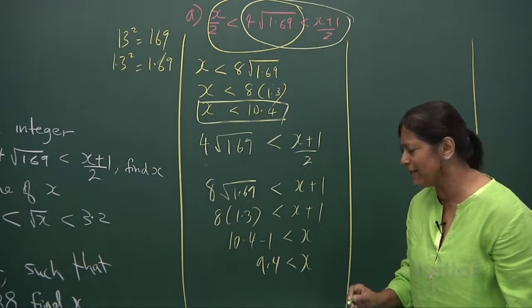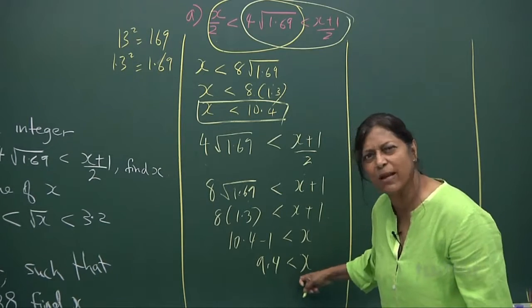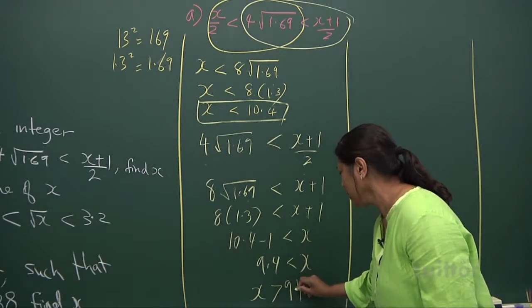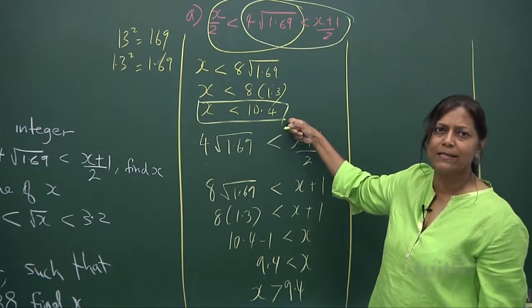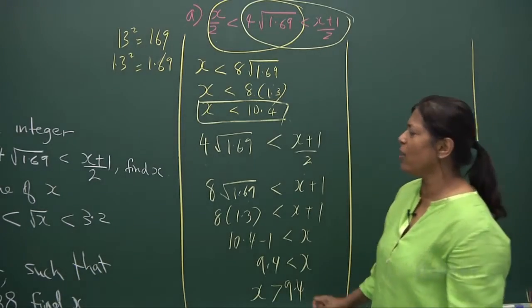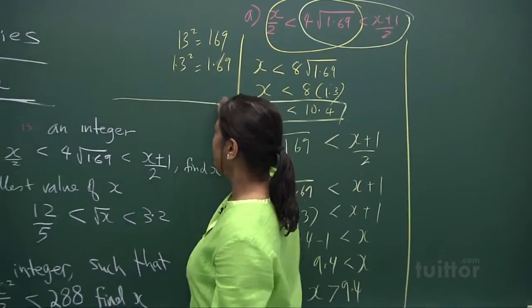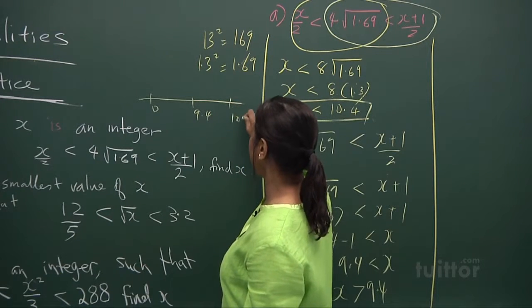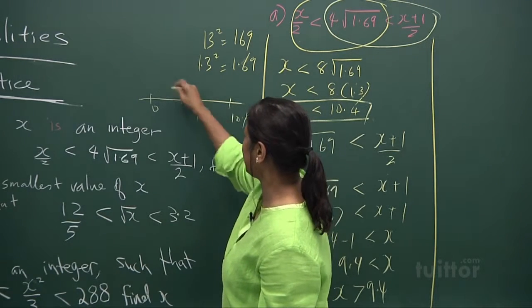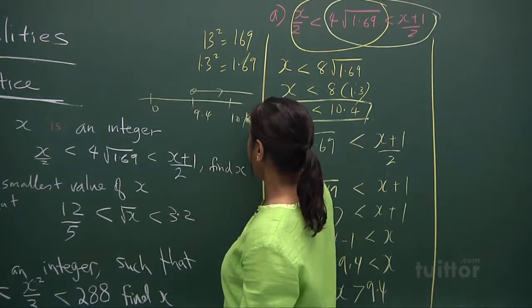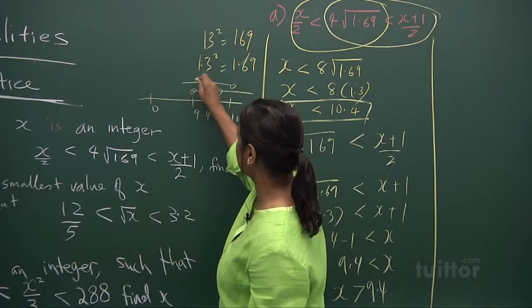What does that tell you? That x is bigger than 9.4. So x is smaller than 10.4, bigger than 9.4. If you draw a number line, this is 0, this is 9.4, 10.4. x is bigger than this and x is smaller than this.